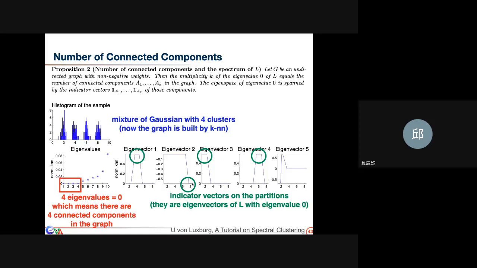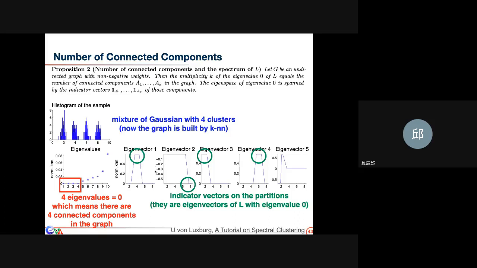Maybe it's not a typical form of the indicator vector, but it still provides something like one, because it indicates that all the elements around value 8 are in the same group, and all the others belong to another group. That is similar to the idea of the indicator vector.